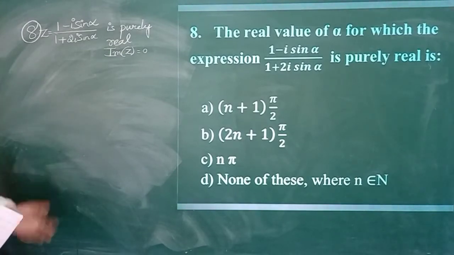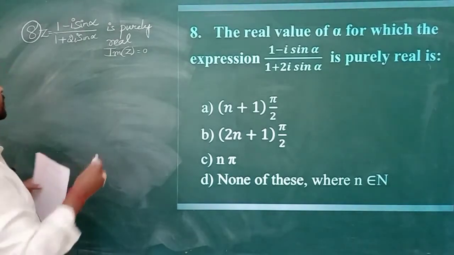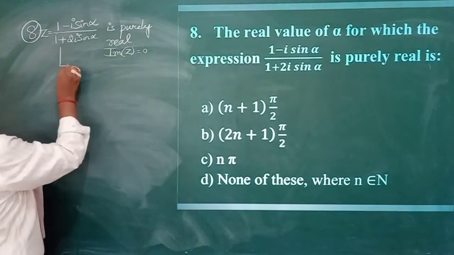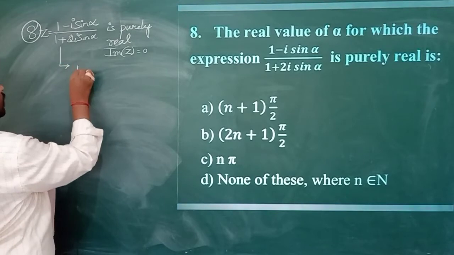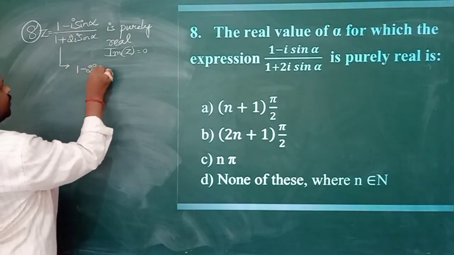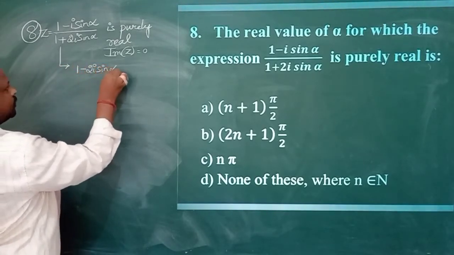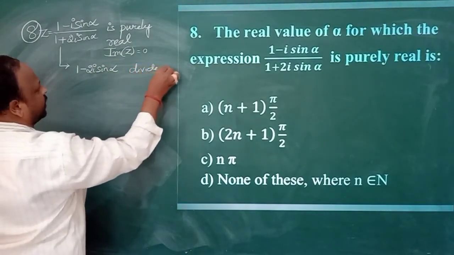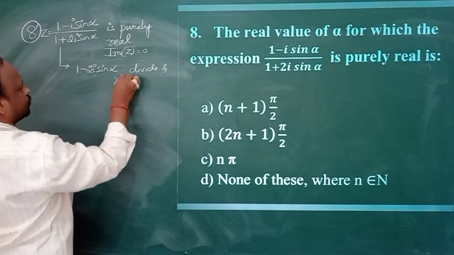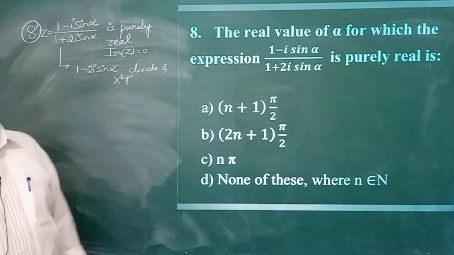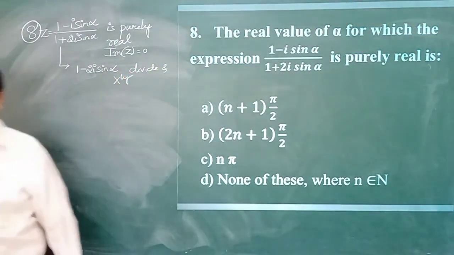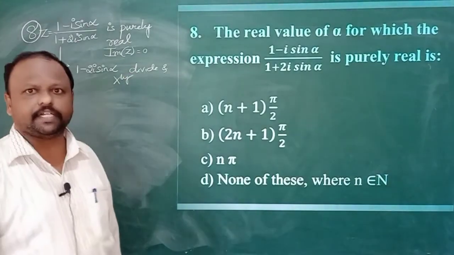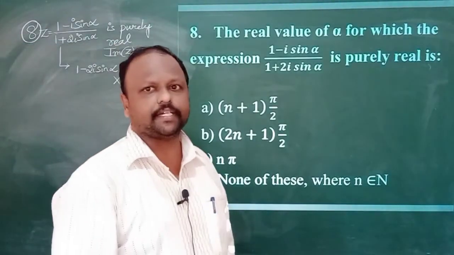So there are two methods for this. One method is you can take the conjugate of the denominator, 1 minus 2i sin alpha, and divide and multiply. This is called rationalizing the denominator.